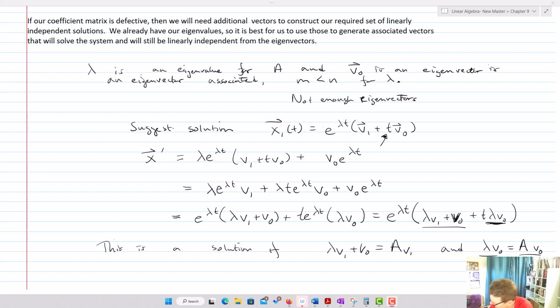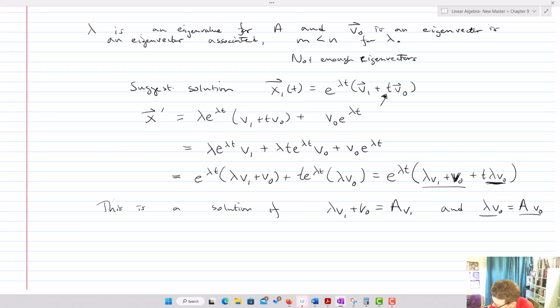Just to show you what that looks like, if we substitute back in, we get e to the lambda t, and here's our derivative, times (A v1 plus t A v naught), which equals A times (v1 plus t v naught), and that then equals x prime.